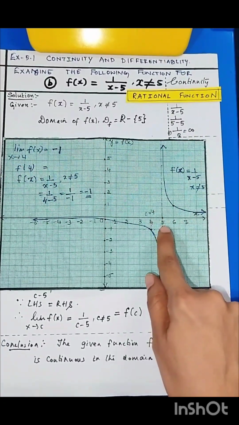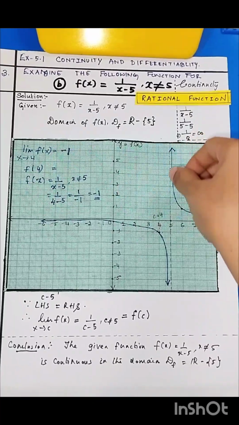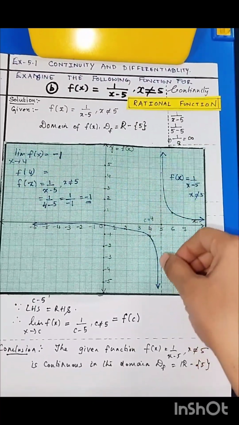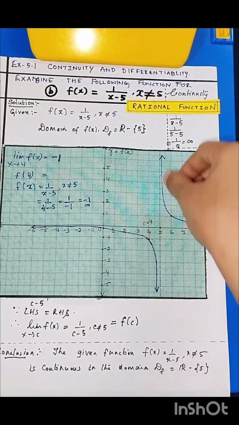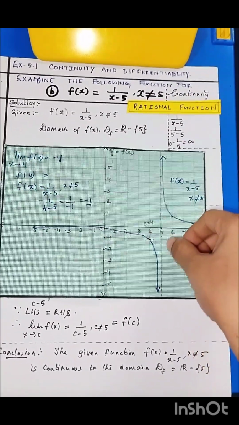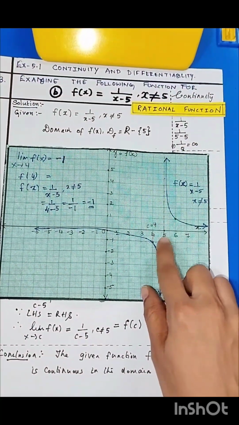Since we cannot take this number because we will get undefined, we will draw a vertical line, which is called a vertical asymptote. If you see a vertical asymptote in any graph, it is understood that the function is not defined at this point. This input cannot be given to this function.